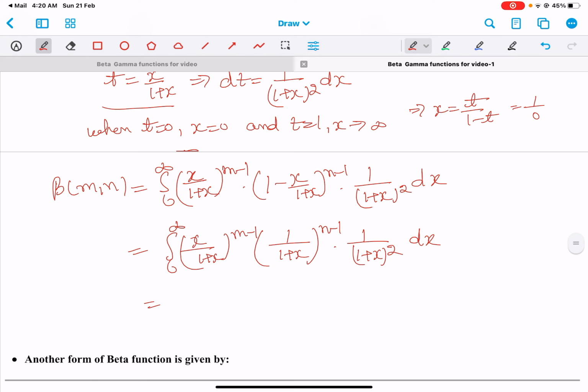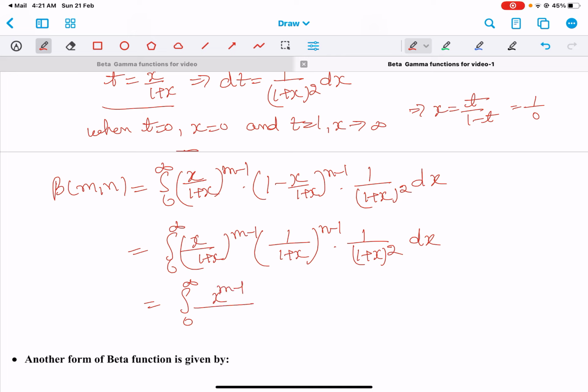And this is same as integral 0 to infinity x to the power m minus 1 upon 1 plus x. Here the power is m minus 1, plus n minus 1, and 2 here.